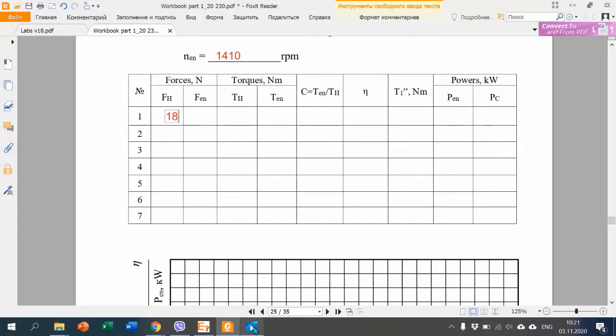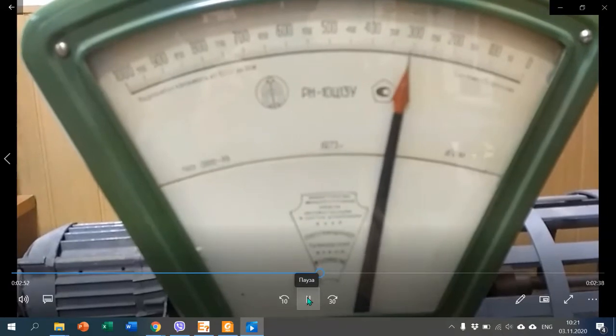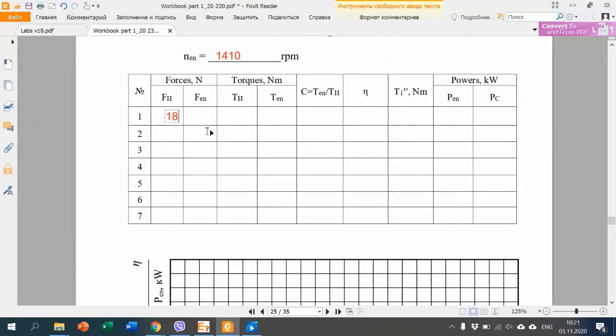And what is the result? Approximately 300 grams. It means that it is 3 newtons. This point is 3 newtons.